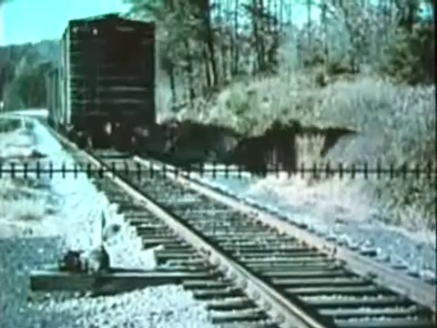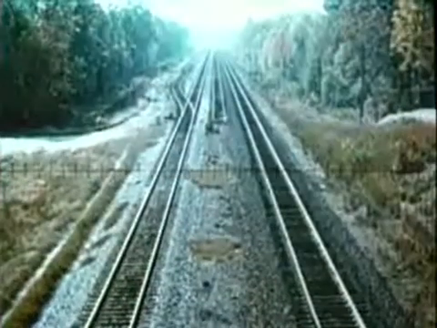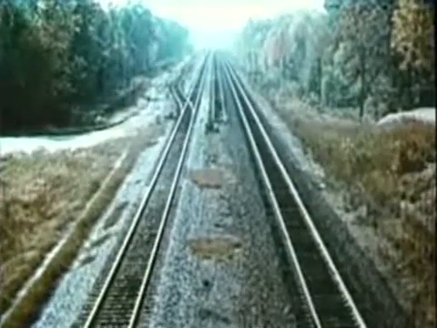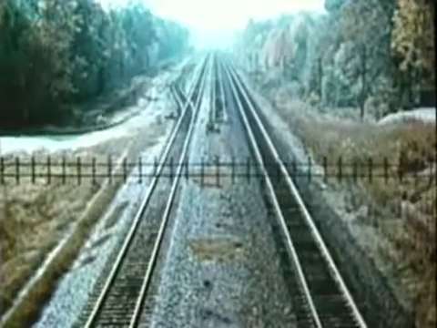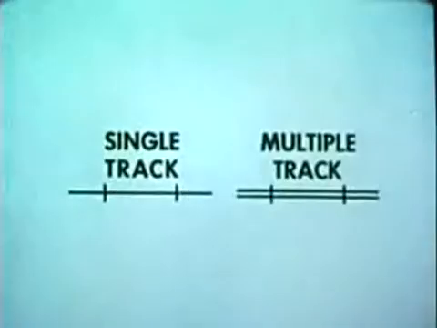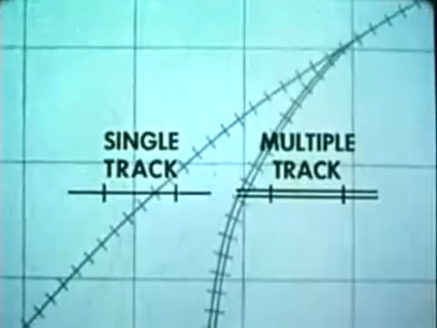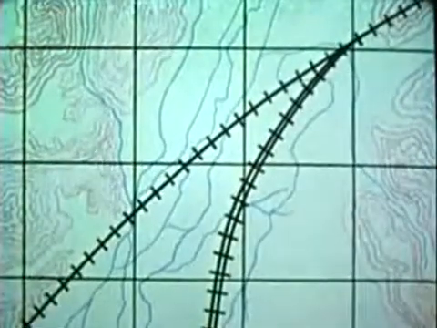For a single track, 1 line is used, with cross marks suggesting railroad ties. For more than 1 track, the symbol is 2 parallel lines with the same crossbars. The difference between the single track and the multiple track symbols is obvious, and both are designed to stand out clearly from other map details.